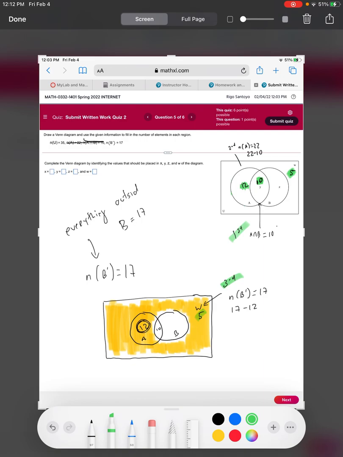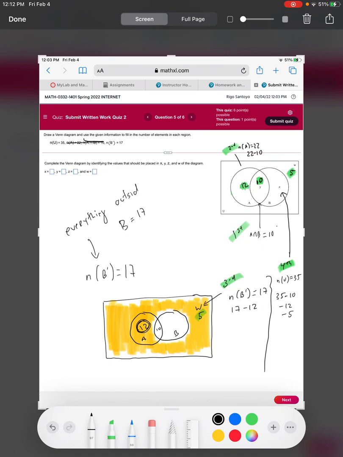And now we can go ahead and go with our fourth step, which is finding Z. This is where we use this universal number. If everything is 35, all we have to do from that 35 is subtract the numbers that we already know: minus 10, minus 12, minus 5.